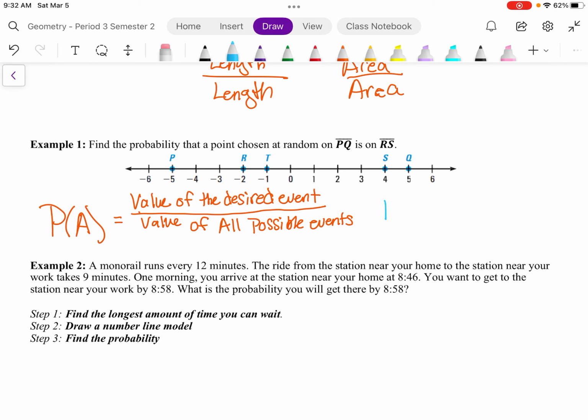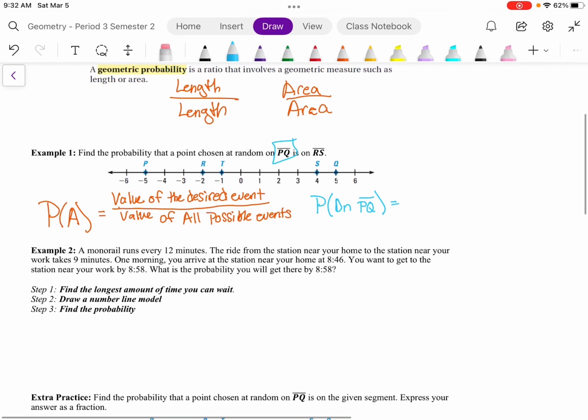For this one, we're finding the probability that a point chosen at random is on PQ. So on segment PQ. So our desired event that we want is that it lands on PQ. I read that wrong, sorry. We're trying to find that a point chosen at random on PQ is on RS. That's what we're looking for. Sorry about that.